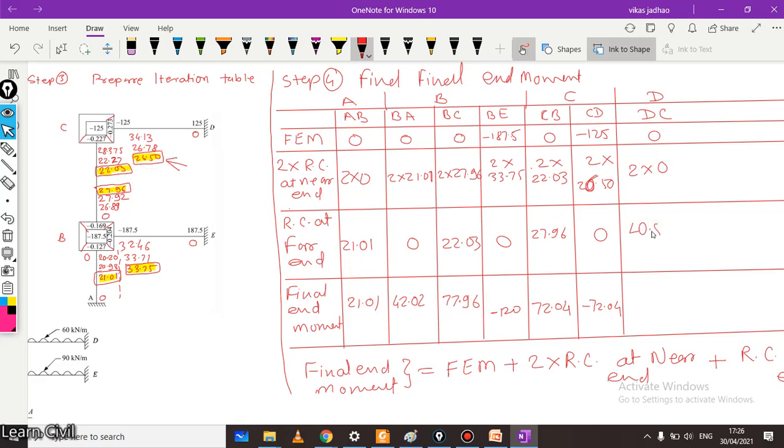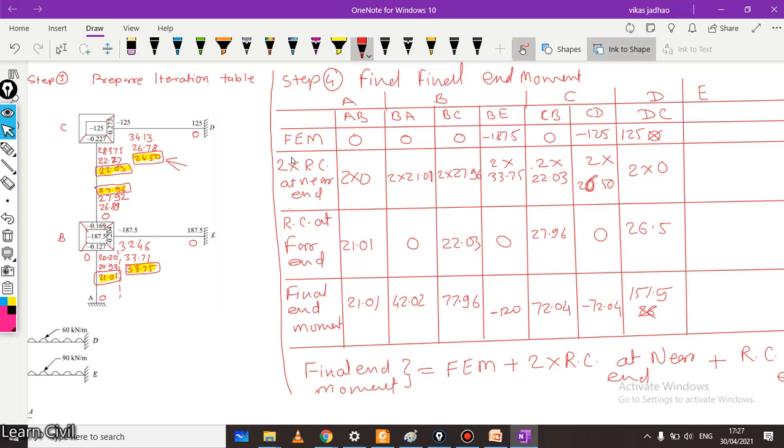Sorry, for DC the fixed end moment is plus 125. So the final end moment will be equal to 151.50.